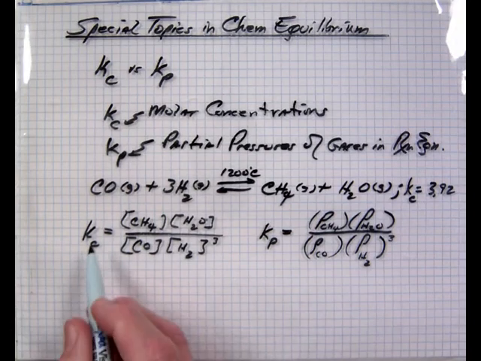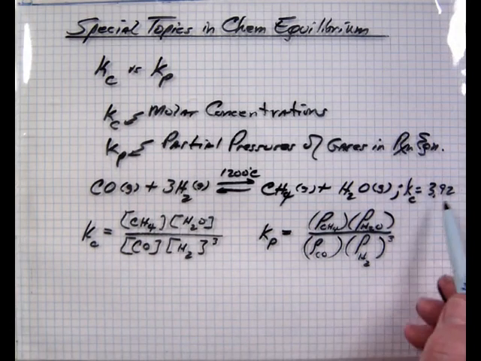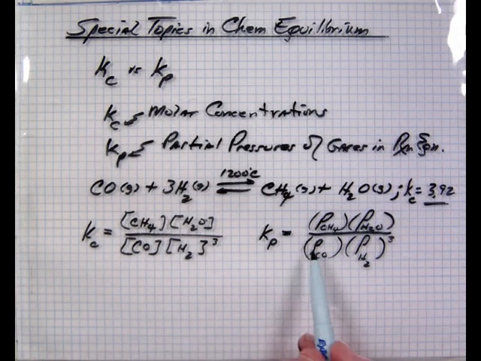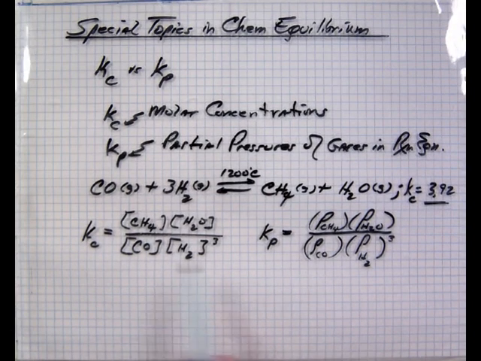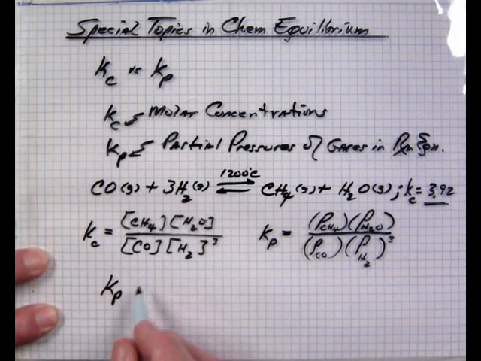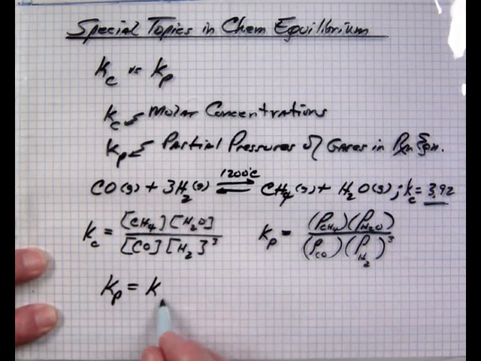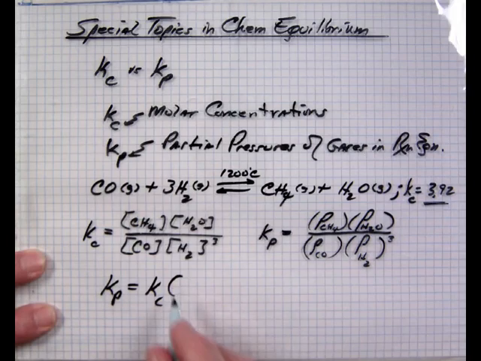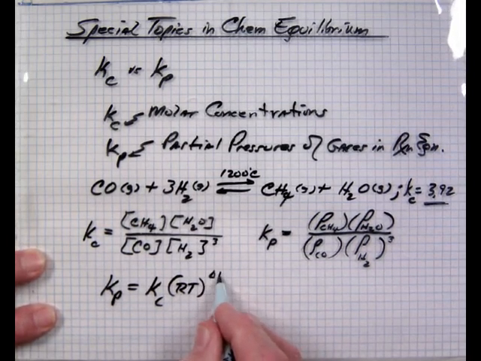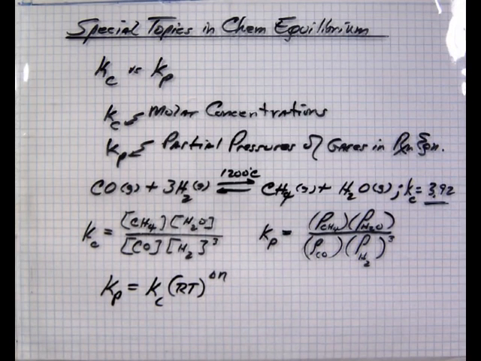Now, if given the Kc, which I specified first, you can write a relationship between Kp and Kc that looks like this. And this is derived from the ideal gas law, and I'm not going to go through that. It's in most books, and I'm just going to teach you how to use this expression to obtain a Kp value given a Kc value.